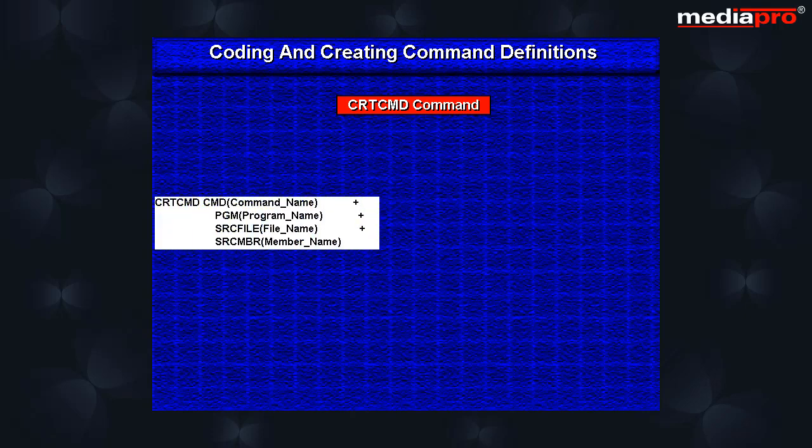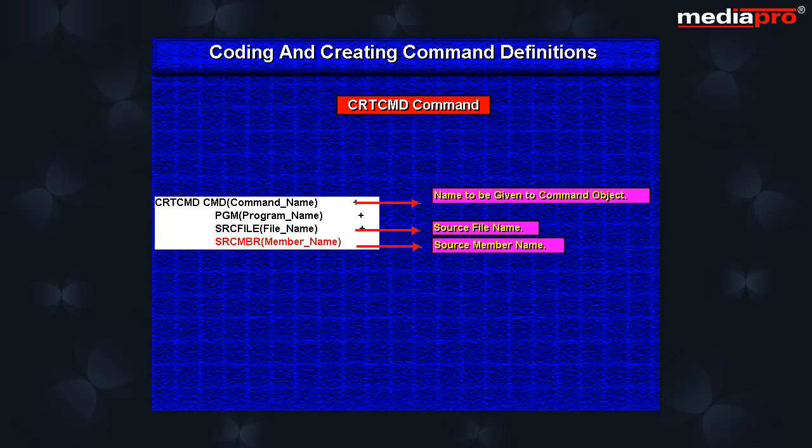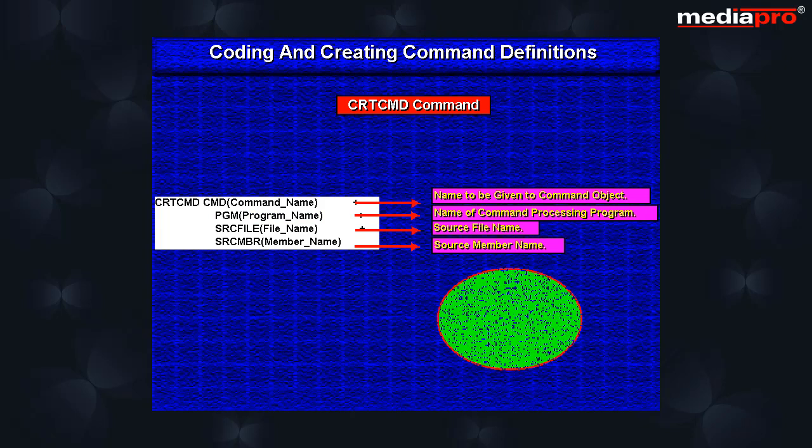Here we specify the following parameters: the name to be given to the command object, the name of the source file and source member, and the name of the command processing program that is to be called. The object created is of the type *CMD.